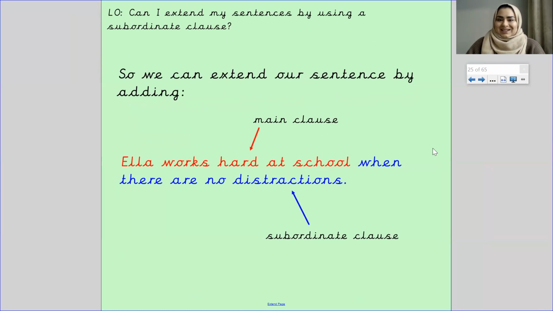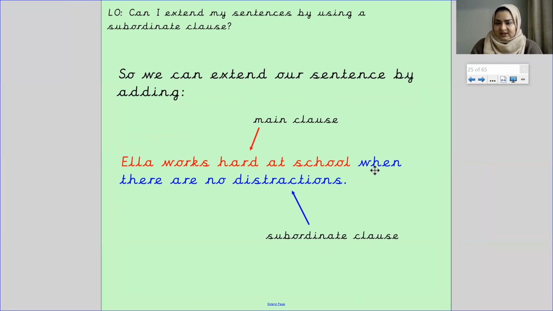So we can extend our sentence by adding a subordinate clause. If you look at my sentence here, the main clause, which is a sentence that makes sense by itself, is Ella works hard at school. Then I've added my subordinate clause to add more information to this sentence, and then it carries on to say, when there are no distractions.